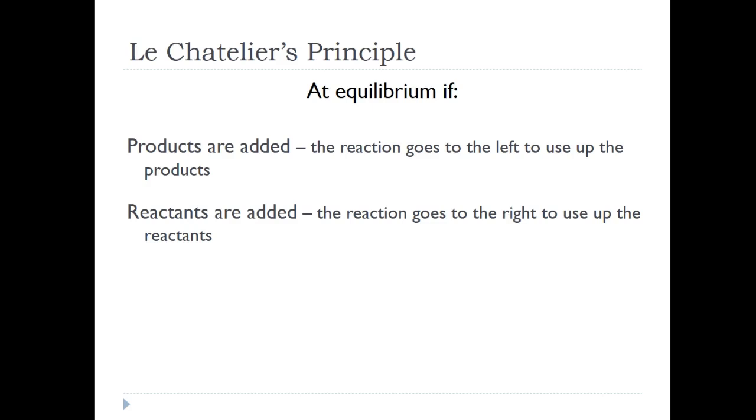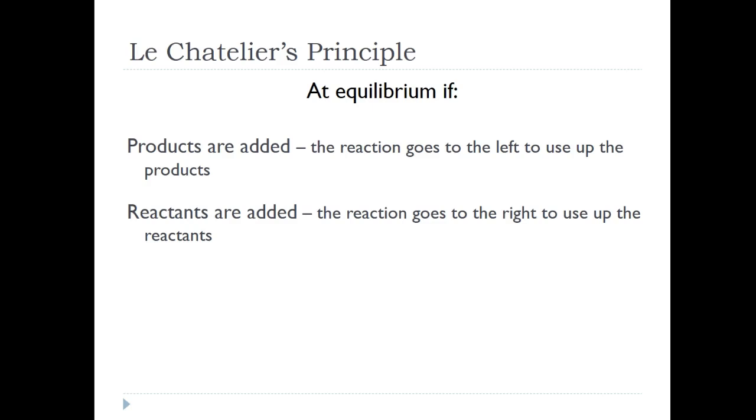Well, if the thing that I pour more into it is products, then the point of Le Chatelier's principle is that the reaction is going to try to undo whatever it is that you did. So if we added more products, it's going to try to use up the products to make them go away, because you put more in, so it makes them leave. So to use up the products, it needs to shift in the left direction. Use up the products, make more reactants.